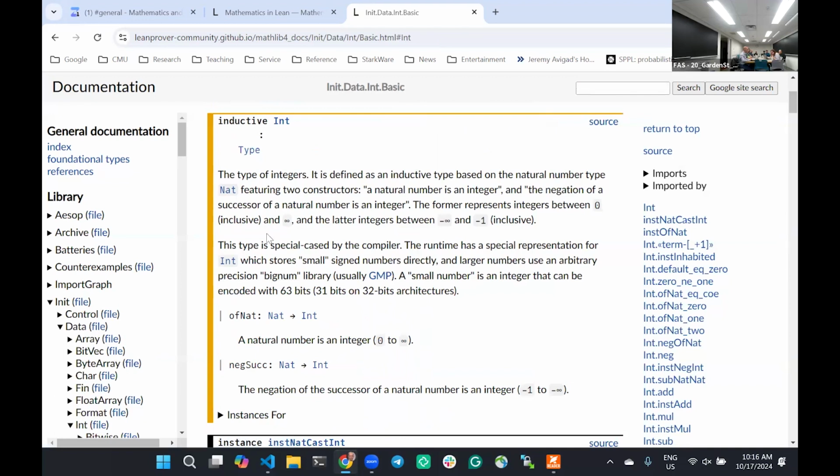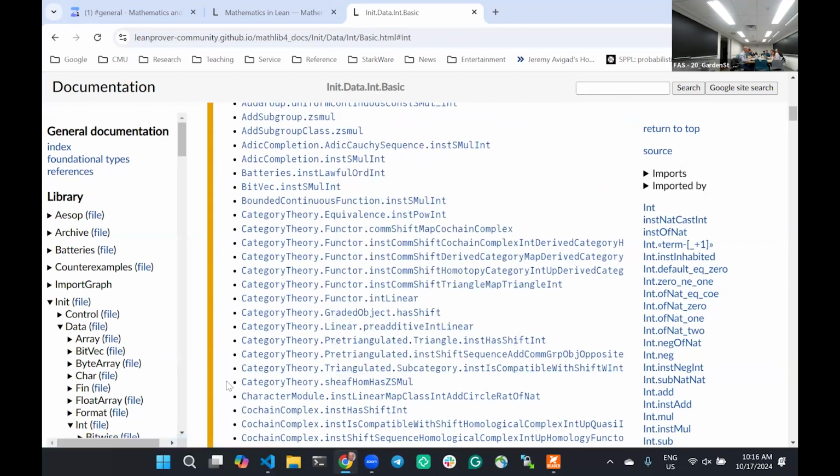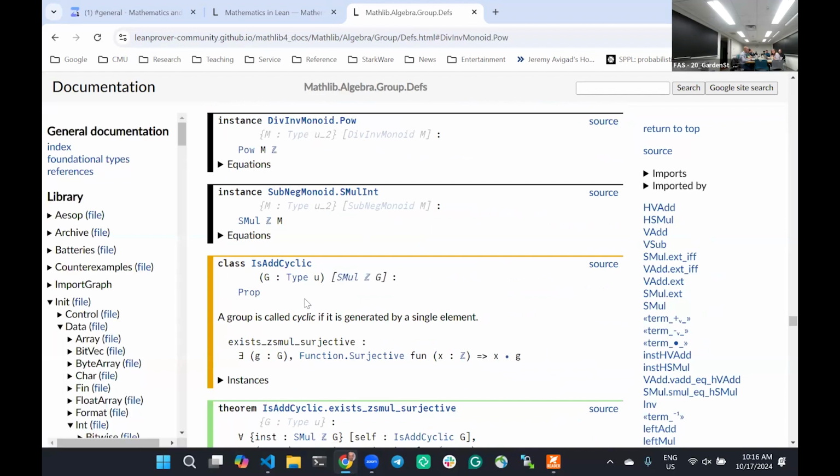Why don't you show us the definition of one of these structures just to get a sense? Oh, do you? So yeah, you can click on it. I don't know, some structure that you can add. So it's a DivInvMonoid. What does it say? I don't even know what this means.